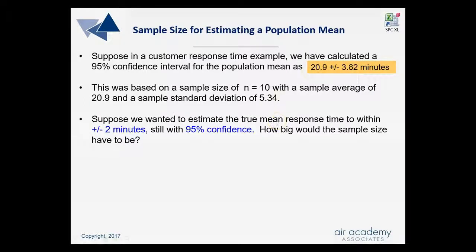Suppose instead of this 3.82 margin of error, which we consider to be too much, we want to estimate the true mean response time to within plus or minus 2 minutes. So we're wanting to cut this down from 3.82 almost in half to 2 minutes, but still have 95% confidence.